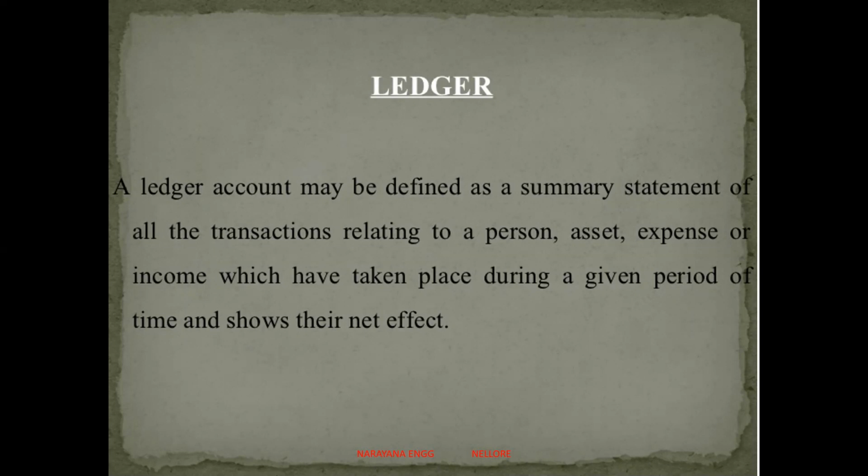For all these transactions, we provide a summary, giving a clear-cut view of them.